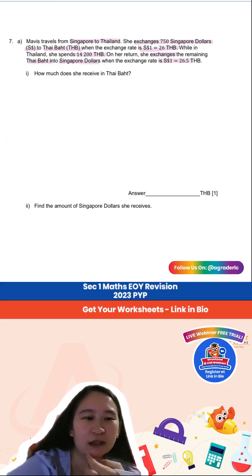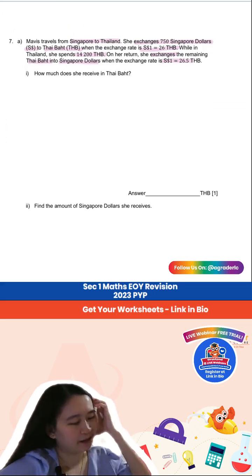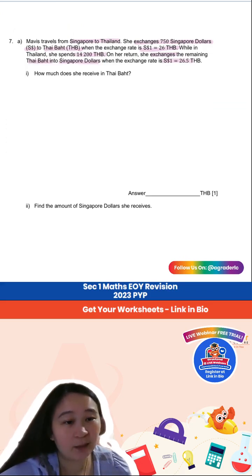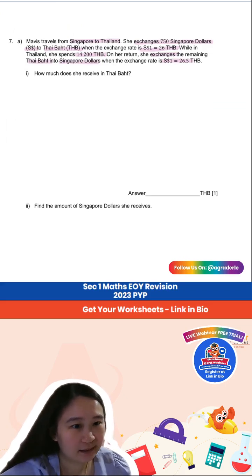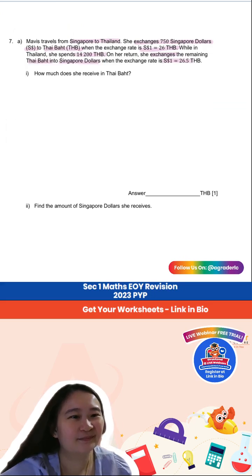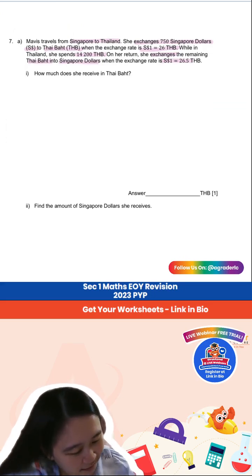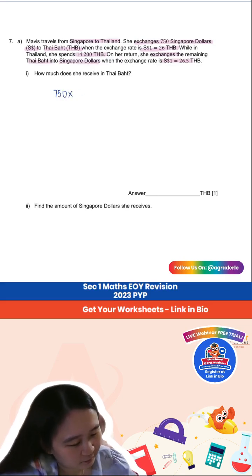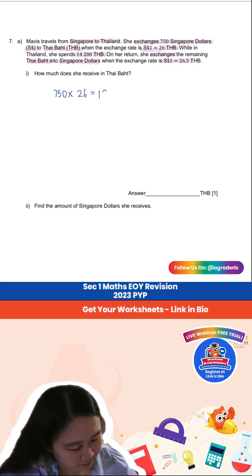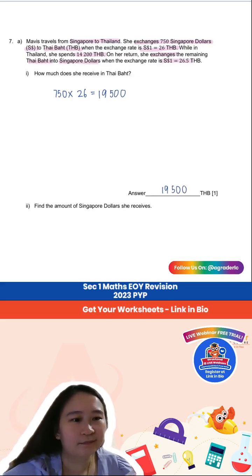They are not asking how much is left. How much does she receive in Thai baht is when she exchanges using her Singapore dollar, because they say how much does she receive before spending. Okay, so you take $750 times 26. Yep, we should get 19,500. So this is the amount that she will receive from the money changer.